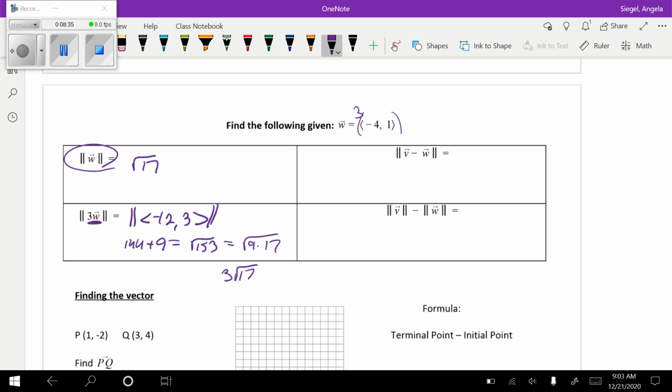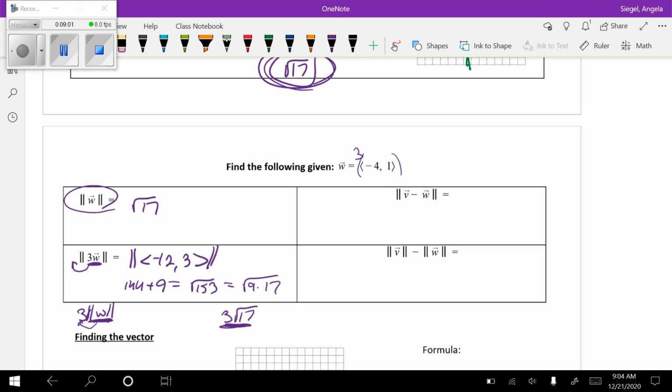So I want you to see that pattern there. So this 3 can actually come out on the outside, if that makes sense. So you're really just going to take your magnitude and multiply your final results by 3. Either way, it's okay. I just wanted to show you that you can factor that 3 out and just take it normally.